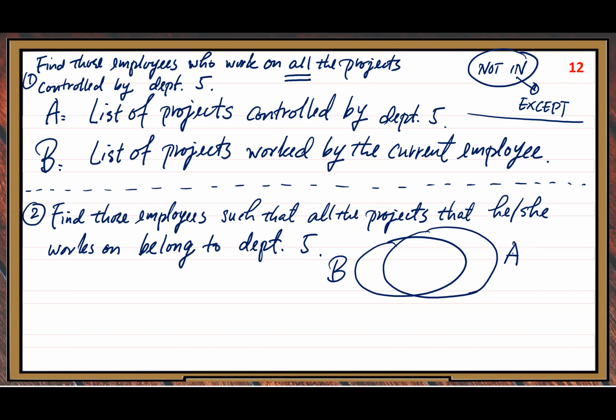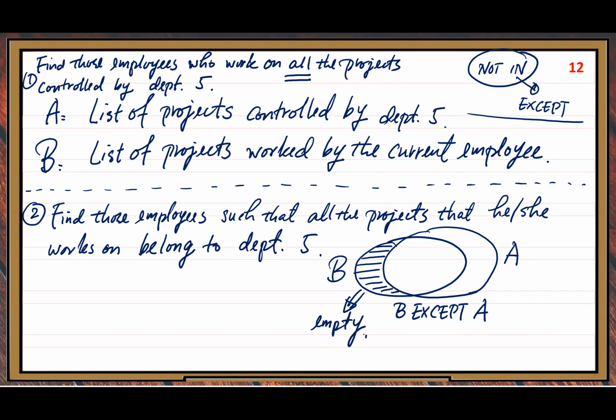So here we have the situation B except A. We need to consider this part, the shaded part, and we want to make this part empty.